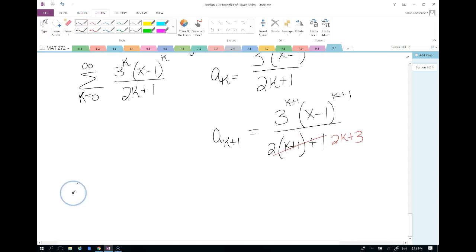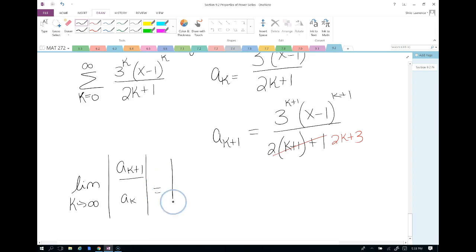So the ratio test says start by figuring out the limit as k approaches infinity of your a sub k plus 1 over your a sub k. And these problems start out with just a lot of algebra work. It's typically going to be a fraction divided by another fraction.